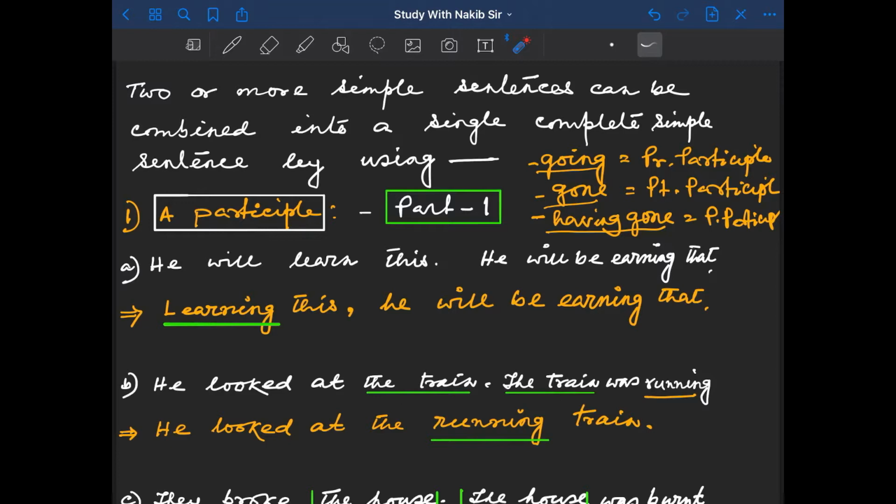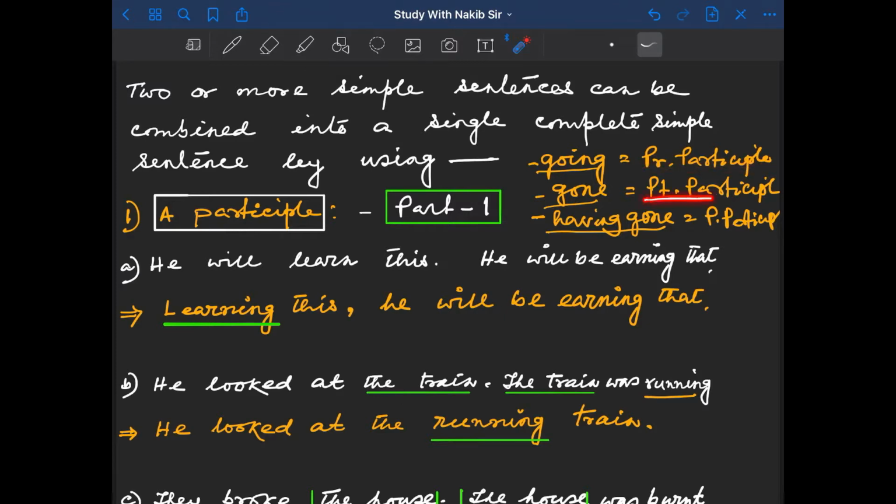But there are three types of participles used in English: present participle, past participle, and perfect participle. Present participle is made by adding ing to the base form of the verb. See, go plus ing, going, present participle.